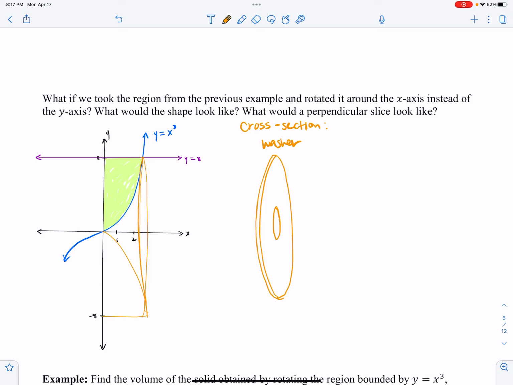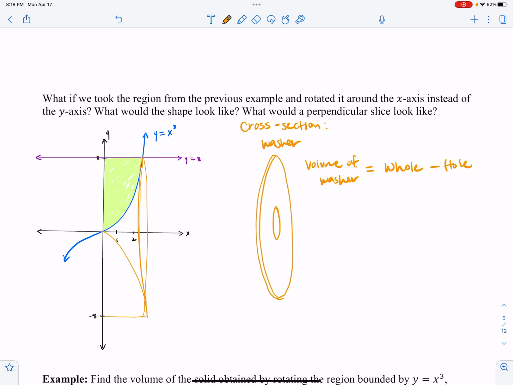Okay, now let's think about how we started before with coming up with disc method. Now, to find the volume of this washer, the joke that I've seen in textbooks and heard other teachers say is it's the whole minus the whole, right?